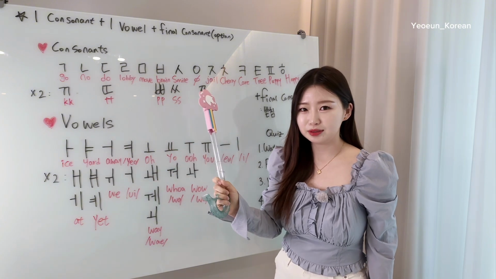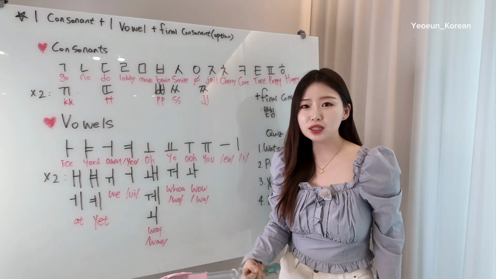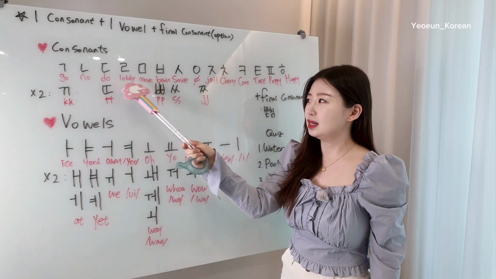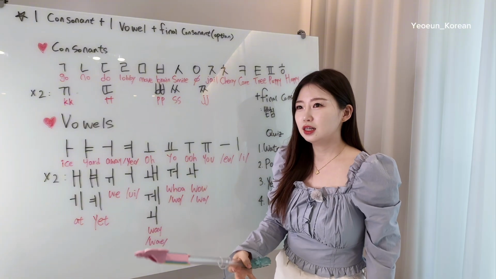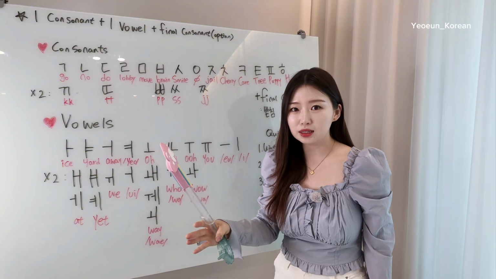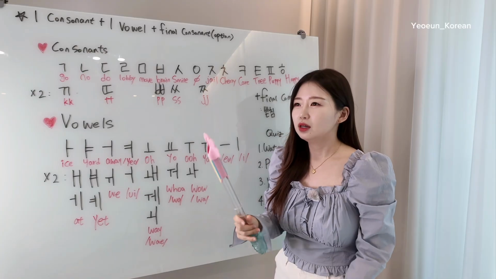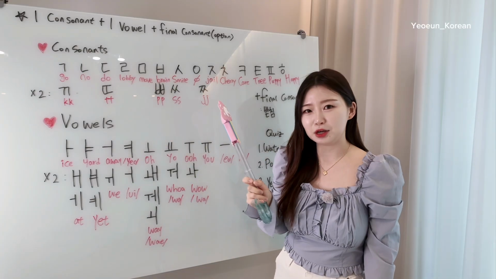D sound. And then we have L sound, which is really similar to the lobby L sound. People say Korean L is different from the alphabet L, it's just between them, but I think it's really similar to the lobby L sound.